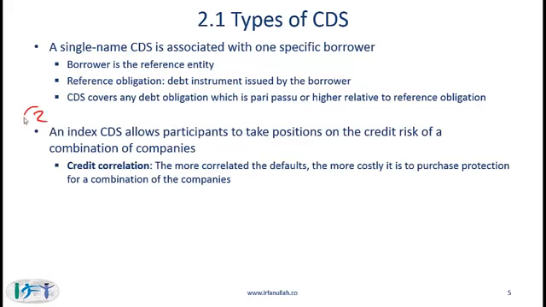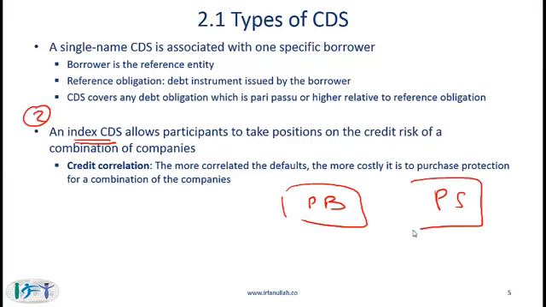The next type is an index CDS. An index CDS allows participants to take positions on the credit risk of a combination of companies. Now, in this case, again, there will be a protection buyer and a protection seller, but underneath, we won't just have one borrower, we are going to have several borrowers, a combination of companies.